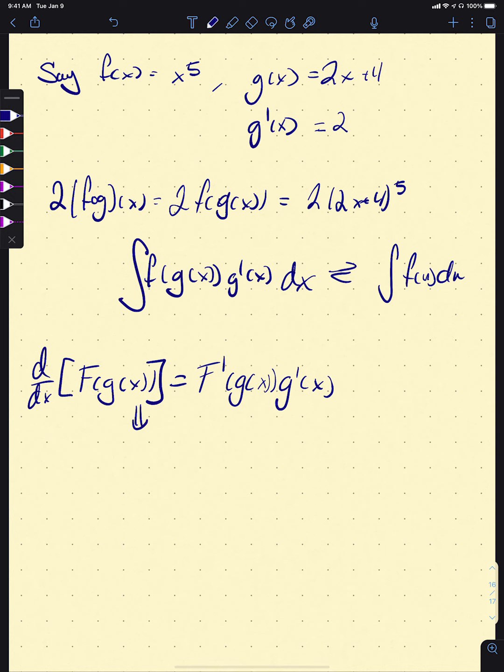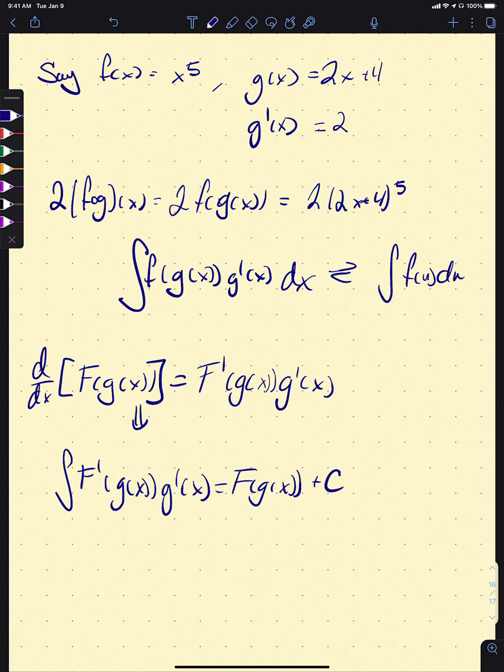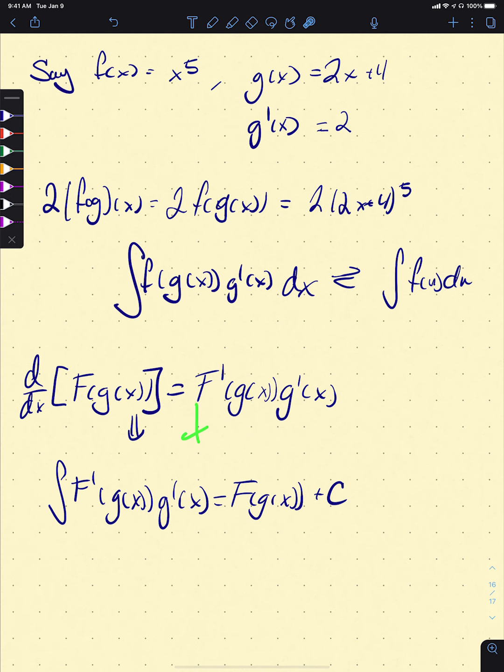So that directly tells us that the integral of f of g of x times g prime of x is capital F of g of x plus c. This equality comes from doing the integral on both sides of this equation. The integral and the derivative cancel, and we get a plus c out the other side.